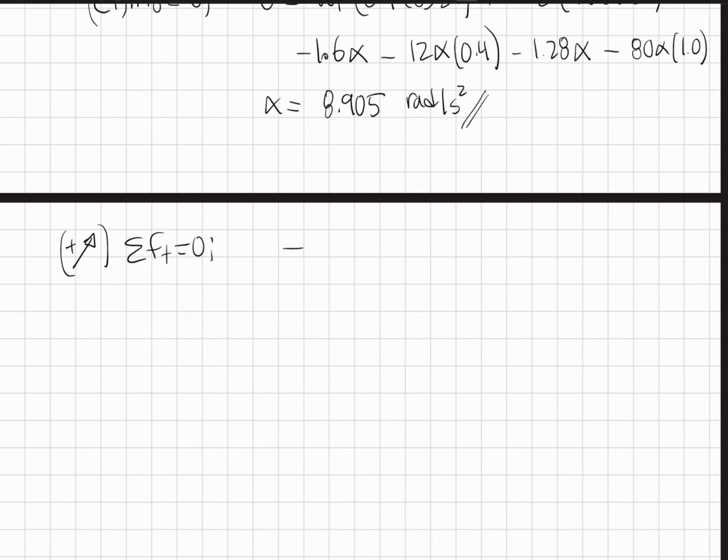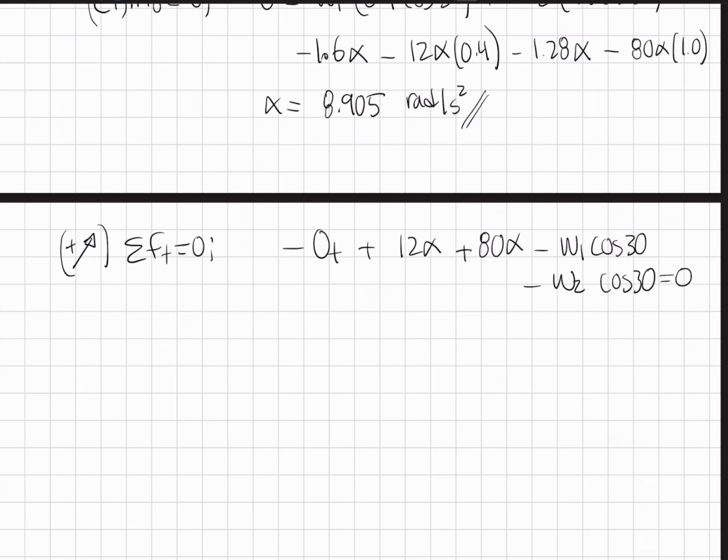So we have minus the reaction force in the tangential direction, plus 12 alpha plus 80 alpha, minus W1 cosine 30, minus W2 cosine 30 equals 0.